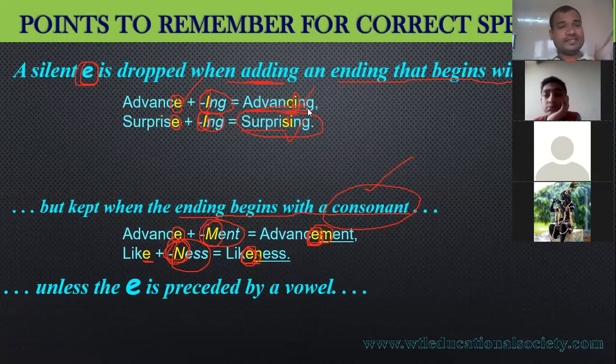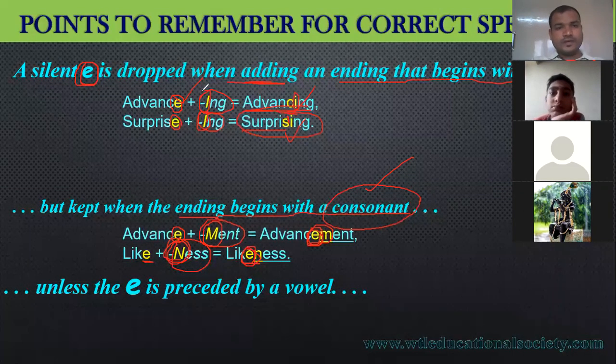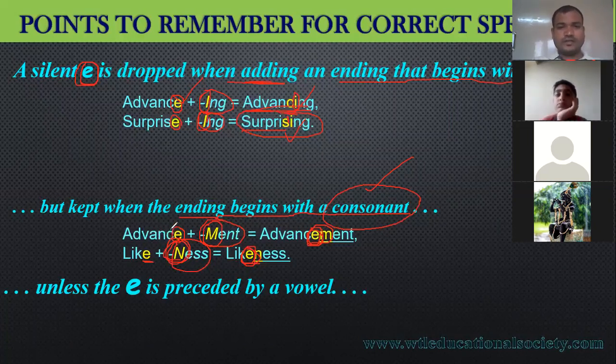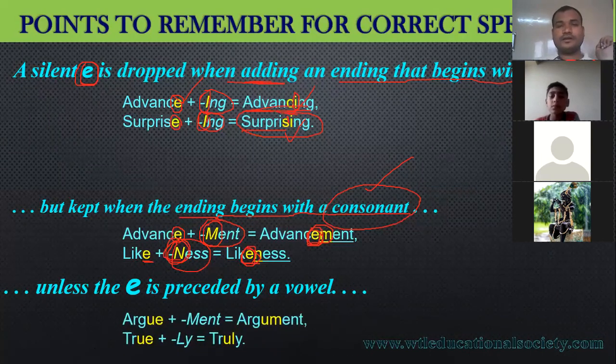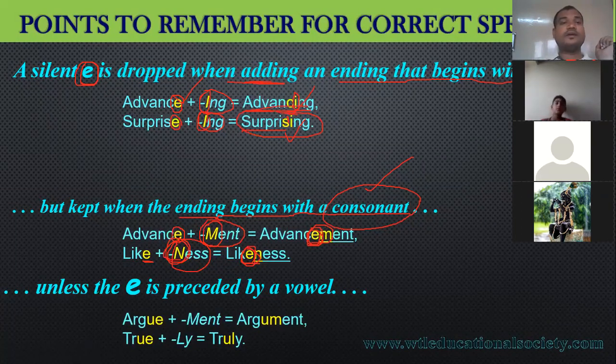If you observe here, in all cases the letter E is preceded by a consonant, here also by consonants K and C. Unless the E is preceded by a vowel, which means there should be two letter E's, in that case the second one will be omitted.